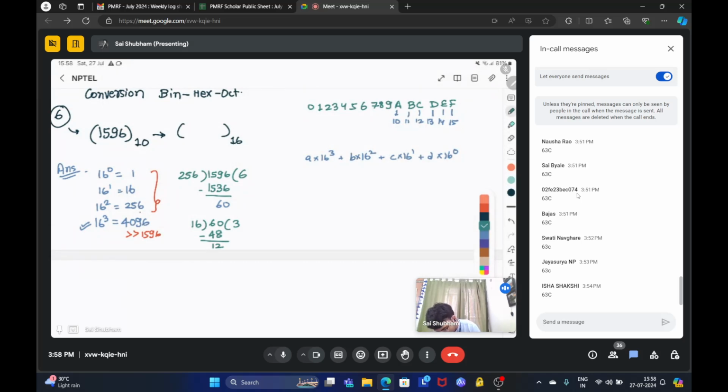Now, this 12 cannot be divided by 16 anymore, but it can be divided by 1. Okay, so your answer is: this is 6, this is 3, and this is 12. But 12 cannot be represented directly. Its representation is C. So it will be 6, 3, C. This is your answer.